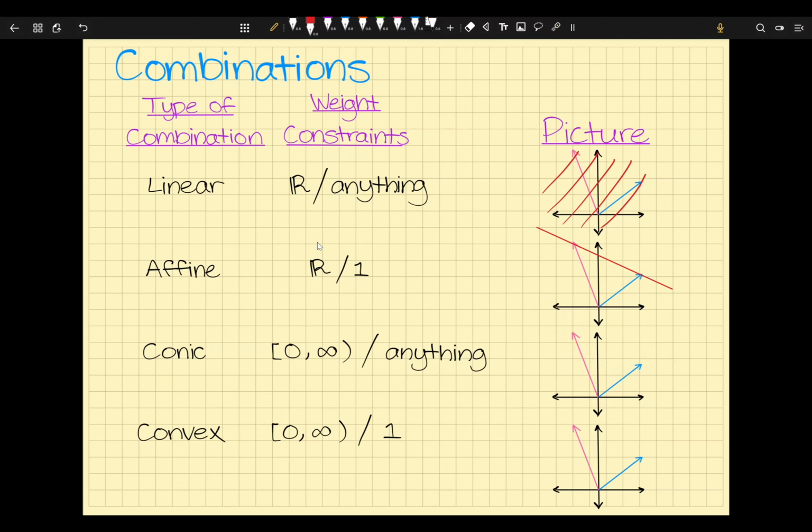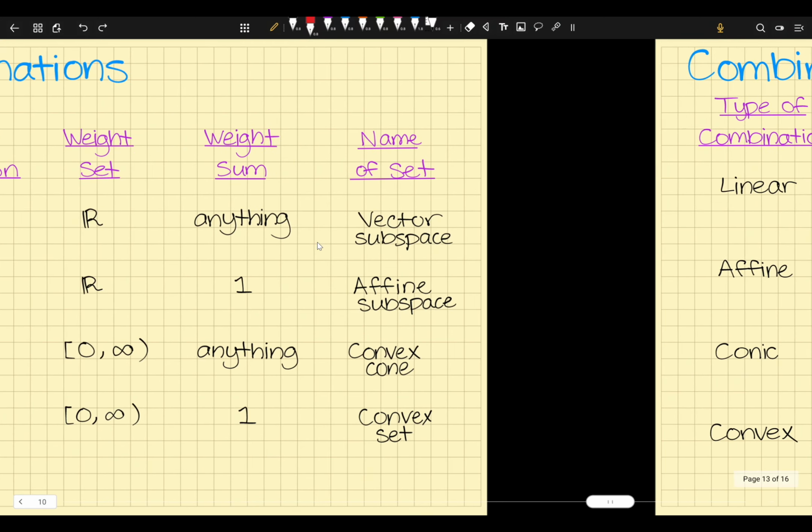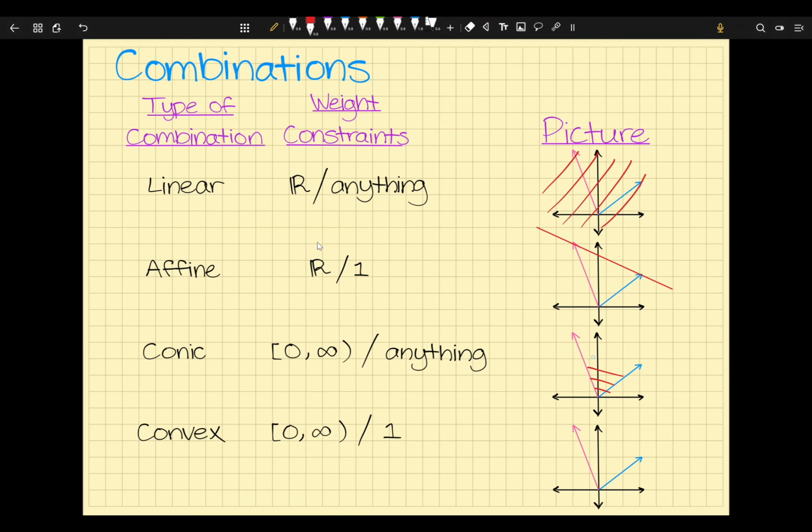And so the conic hull, or the convex cone, is all of the points between these two vectors here. So that's where you get a cone from. And then lastly, the convex hull or the convex set is just going to be the line through these points, but now these points out here aren't included, so it's just the points between them.